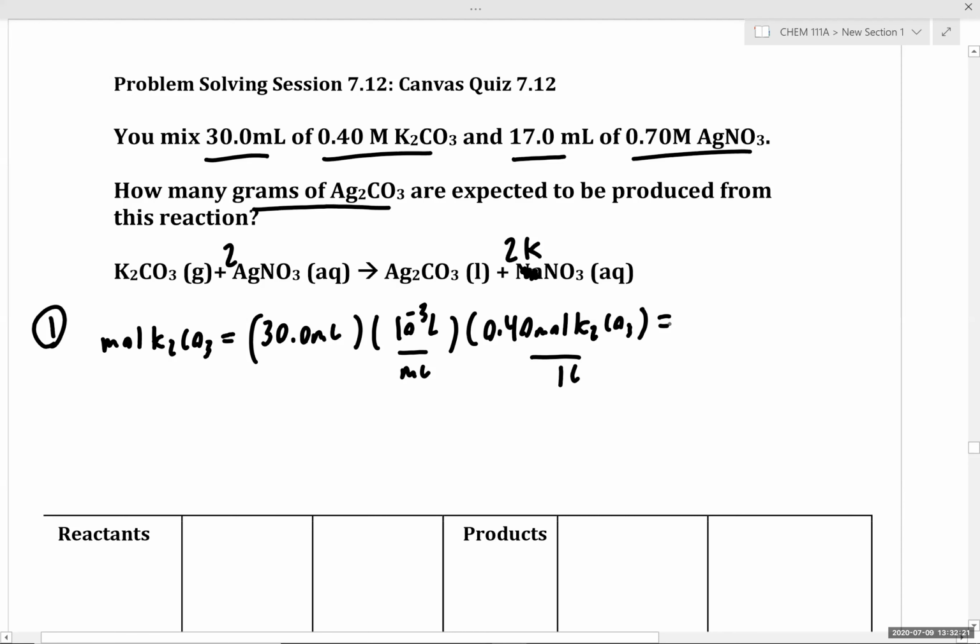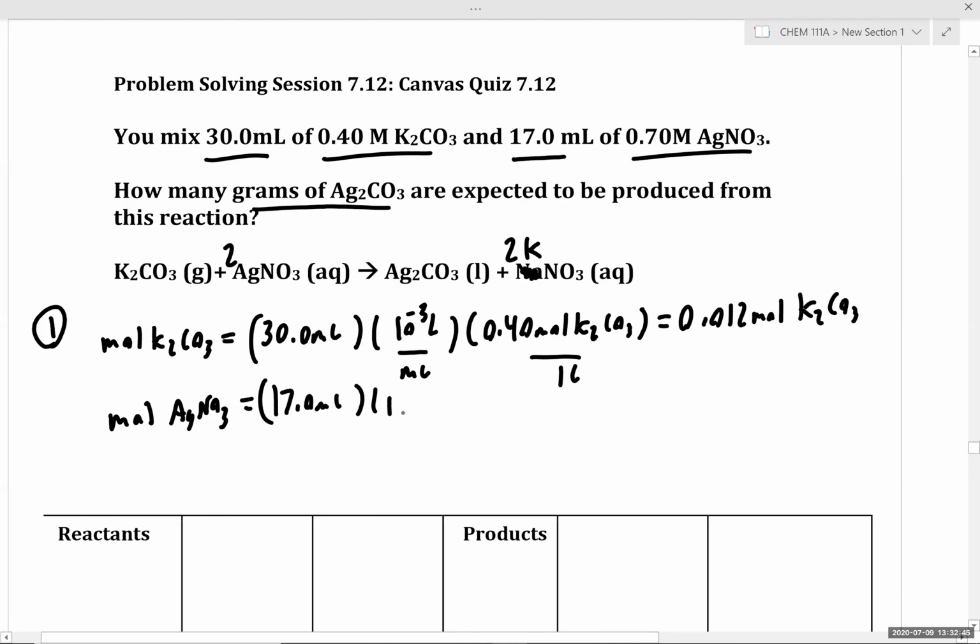So that in turn gives us 30 times 0.4 over 1,000, which gives us 0.012 moles of potassium carbonate.